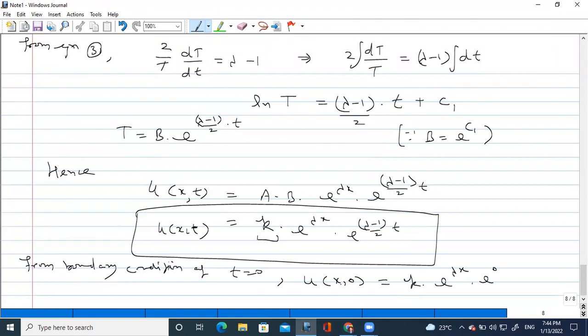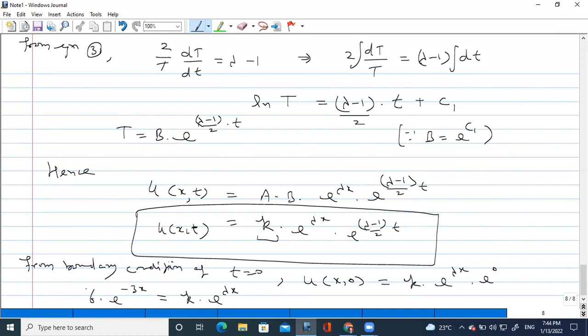And what is the value of u(x, 0)? They have given this u(x, 0) value as 6 into e to the power minus 3x, and that will be equal to k into e to the power lambda x. So now on both sides we can compare the coefficients.